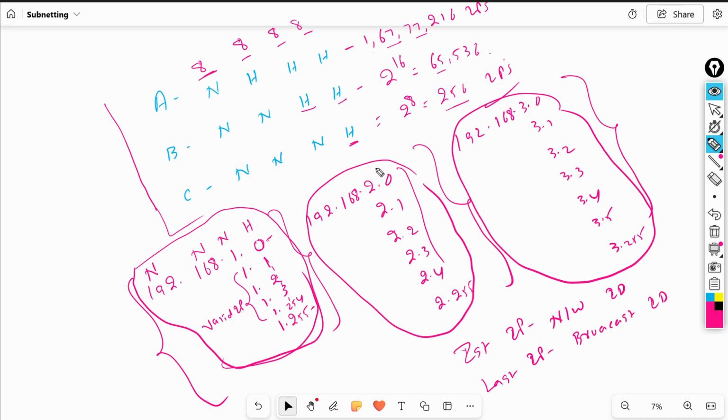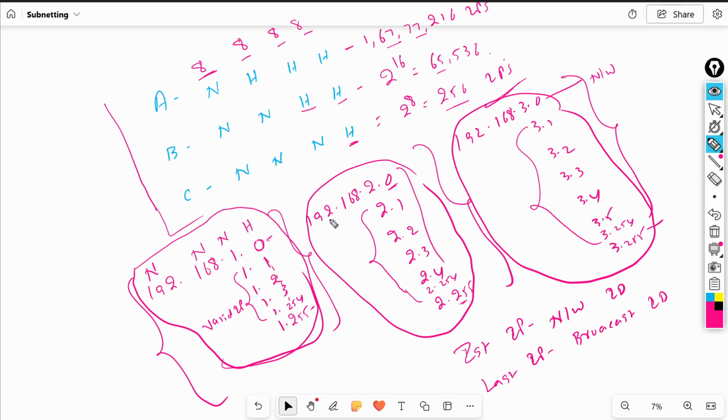In the 2.0 network also, 2.0 is the network ID, 2.255 is the broadcast ID. 2.1 to 2.254 are valid IPs. In the third network also, the first IP is the network ID, the last IP is the broadcast ID. So 3.1 to 3.254 are valid IPs.